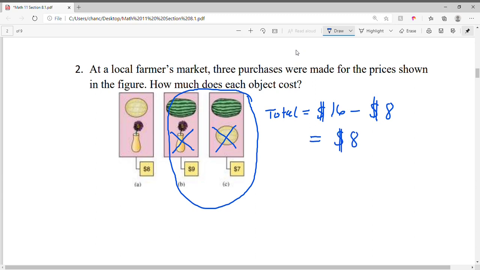Now, what does that imply? Well, that implies that each of these watermelons has to be $4 each. That's the only way to get a total of $8. So I know the watermelon has to be equal to $4 a piece.